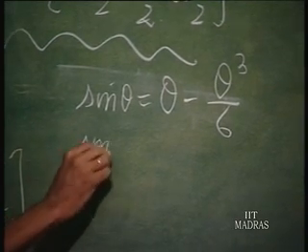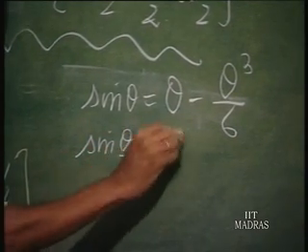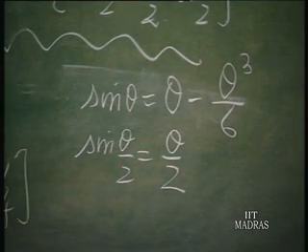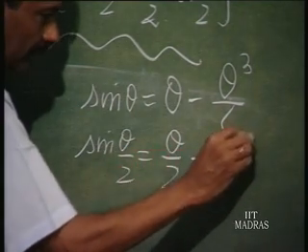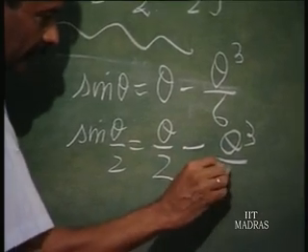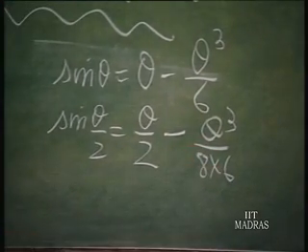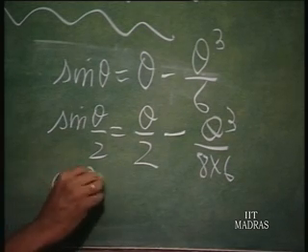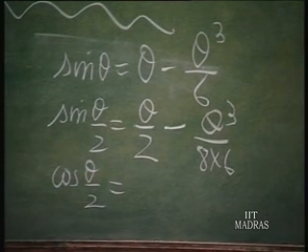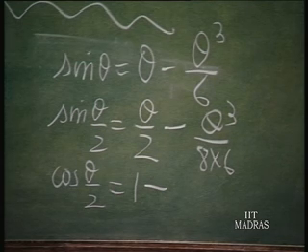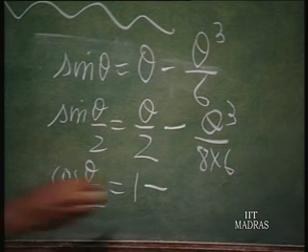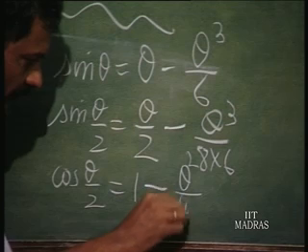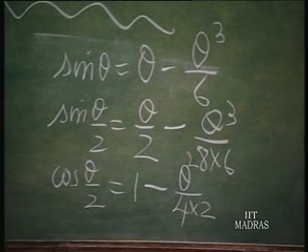Sin theta by 2 is going to be theta by 2 minus theta cubed by 8 into 6. And cos theta by 2 is equal to 1 minus the angle squared divided by 2 factorial. So, theta squared by 4 into 2.